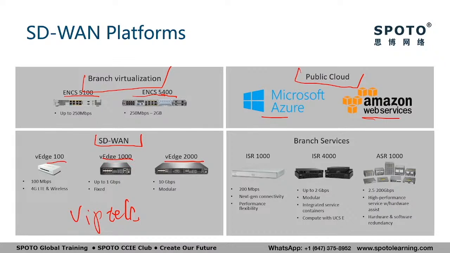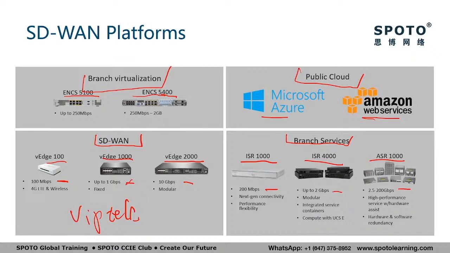They are just different throughput, with similar software functionality, but different hardware throughput. The last one is branch services hardware appliances. This is the genuine Cisco product line, like ISR 1000, ISR 4000, and ASR 1000. SD-WAN is natively integrated in the IOS XE software image. As it shows here, it's more about different throughput.